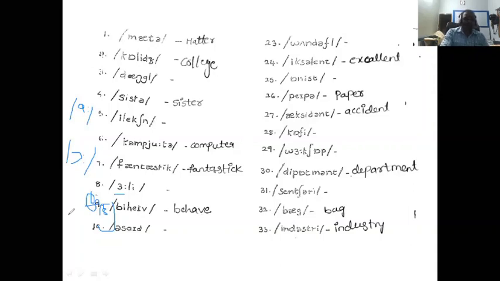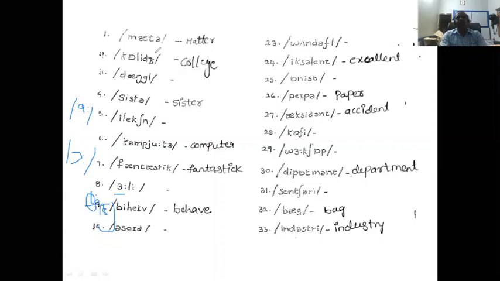So then, for this sound, early. My lips are very closed; they are not wide open. That's why my lips are not rounded as well. How will we write early?